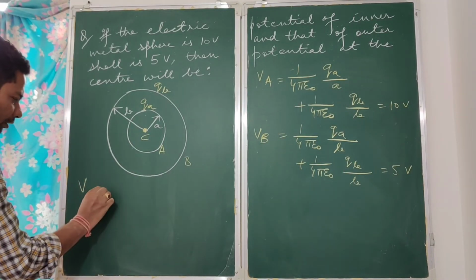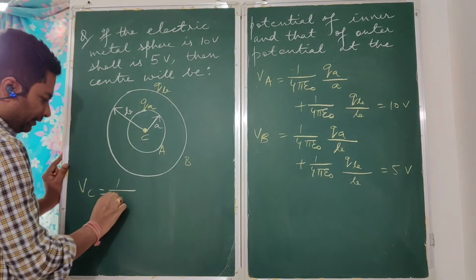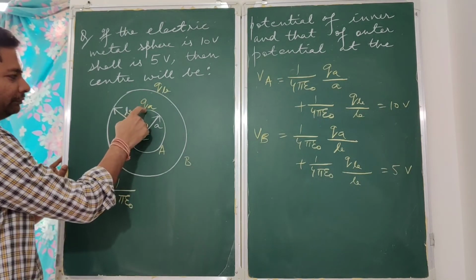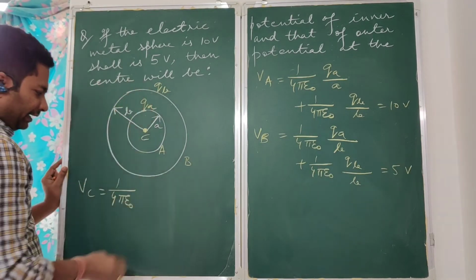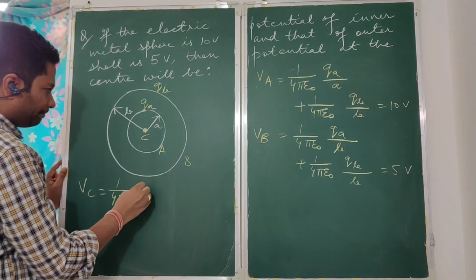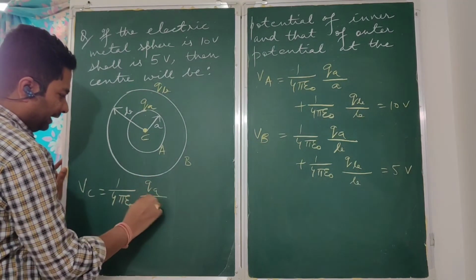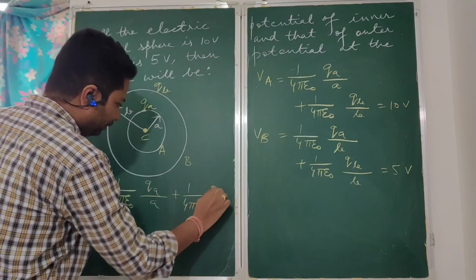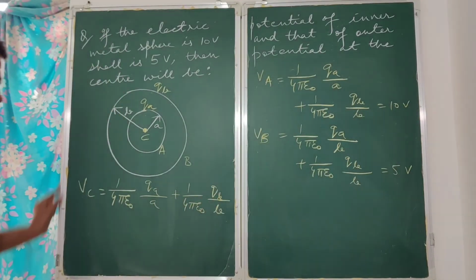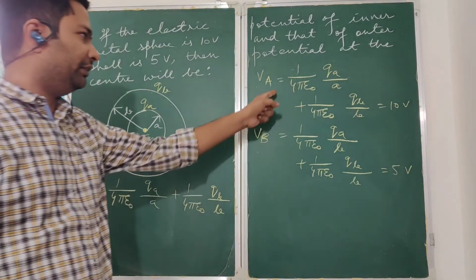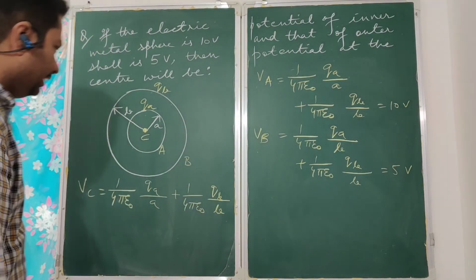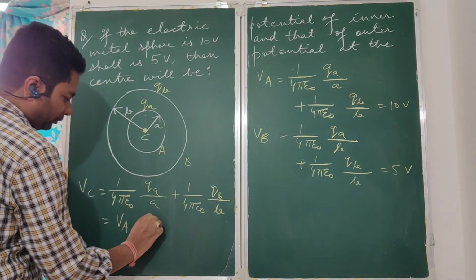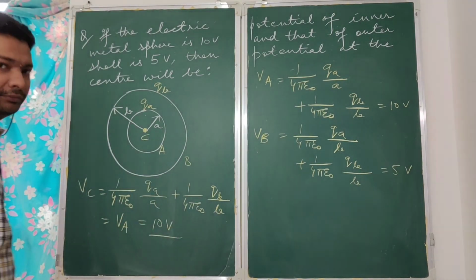So potential at the common center will become 1 by 4 pi epsilon naught, it is interior to both the first sphere and the second sphere, so QA by A plus 1 by 4 pi epsilon naught QB by B. Now see which value is matching. It is the same as the potential at the surface of A. So the answer for this question will become 10.